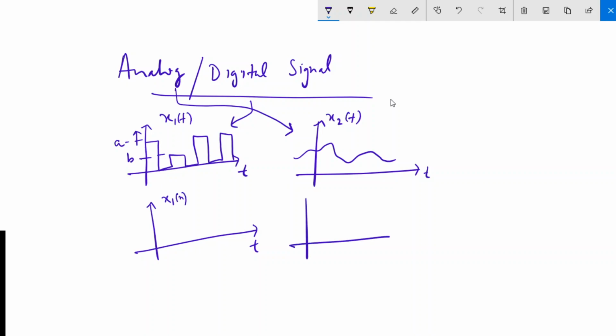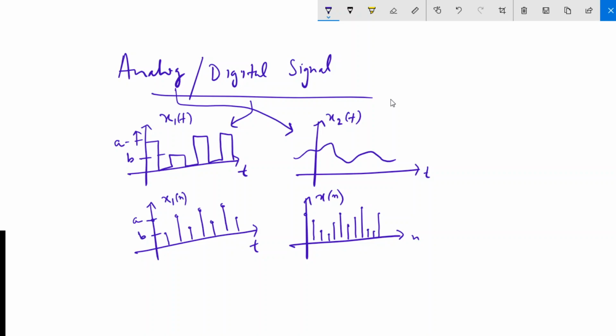Both these signals are continuous time signals, and you can have the same classification in discrete time also. So if you take a signal like this, and one signal like this, again in this case the signal voltage levels are fixed to two levels, either this is the sample value or this is the sample value.